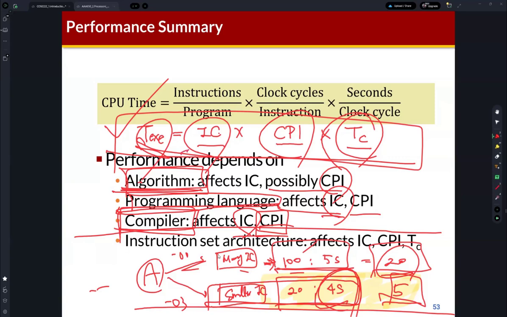Actually, many factors, like the CPI, instruction count and TC, influence the performance of a computer system.